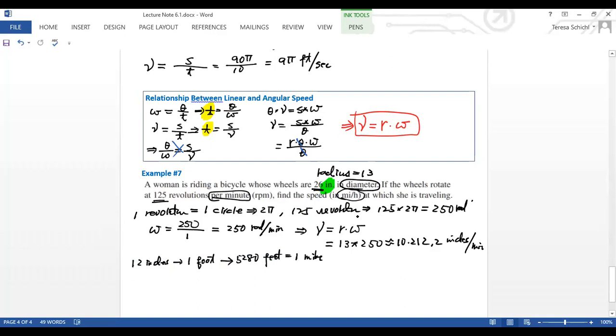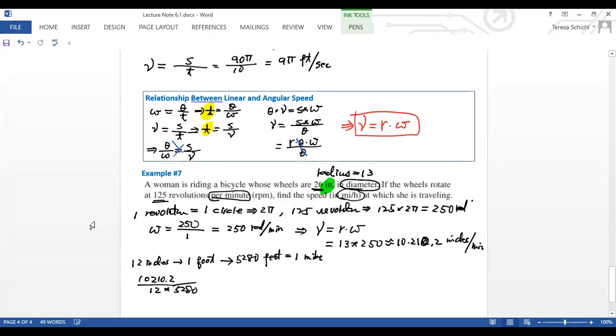So the first thing I need to see is how many miles 10,210.2 inches is. So I will just take 10,210.2 divided by 12, and then divide by 5,280.